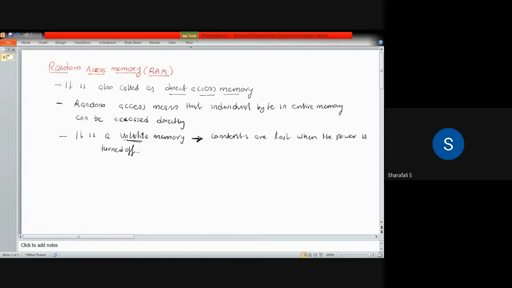The content will be there only when we apply power to these memories. Because of this, these memories are used to store data temporarily.